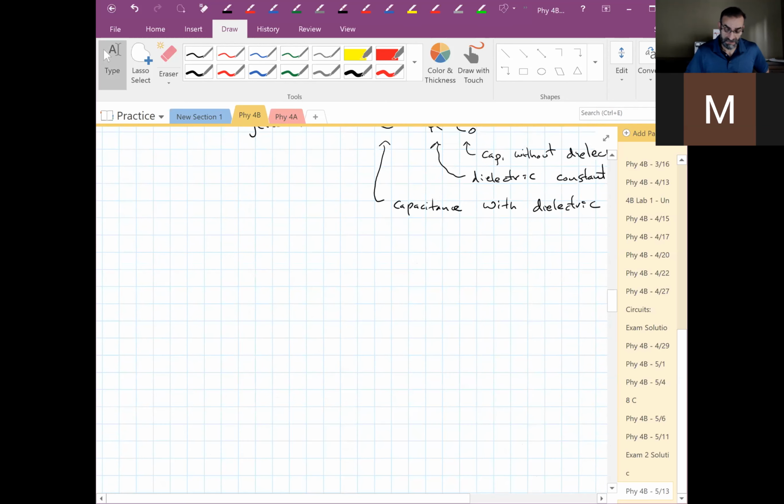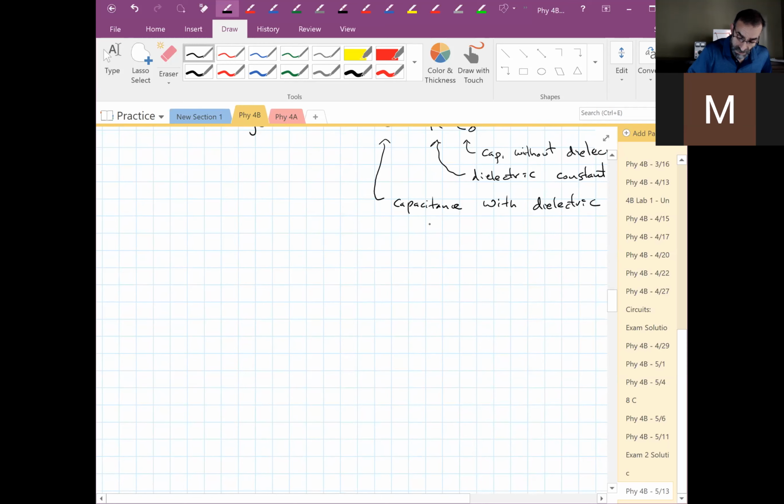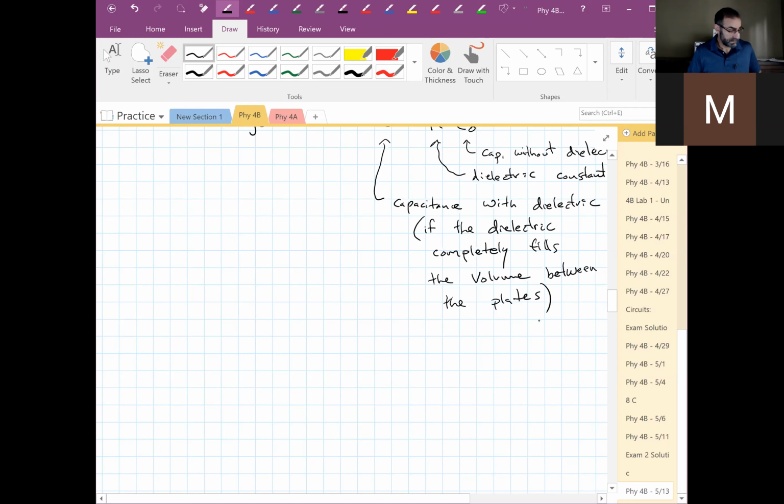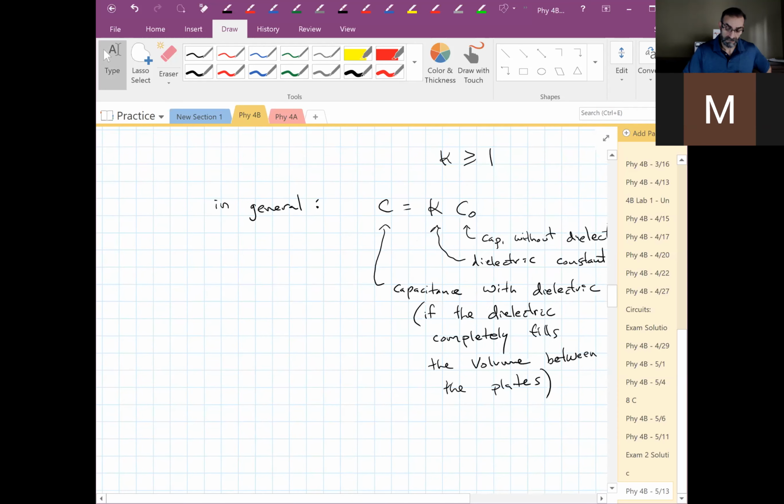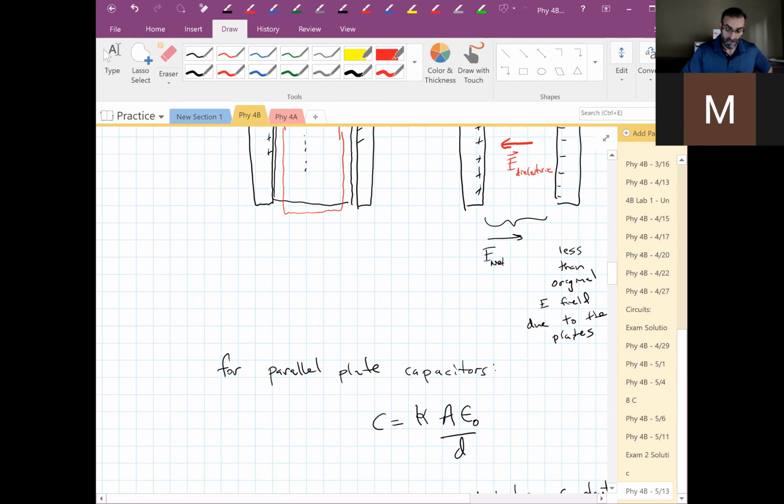Maybe I should say that's if the dielectric completely fills the space between the plates. All right.